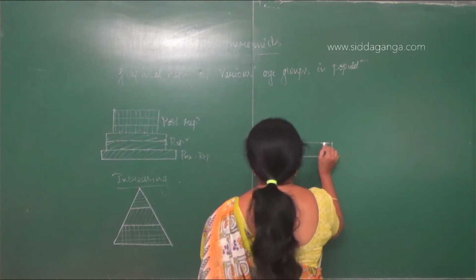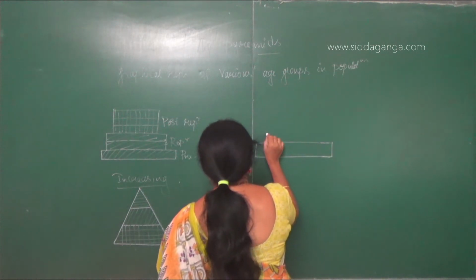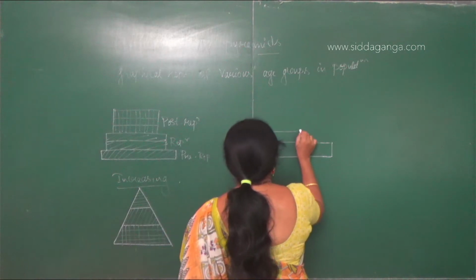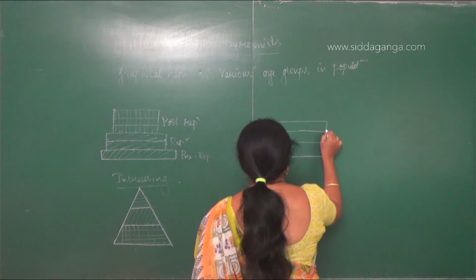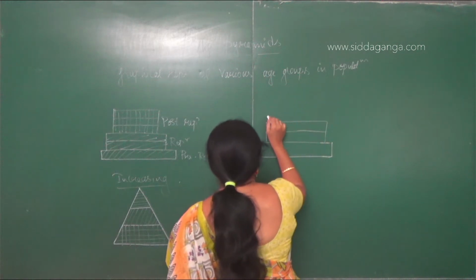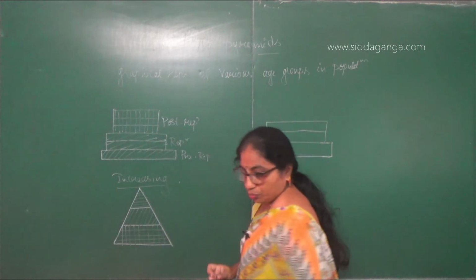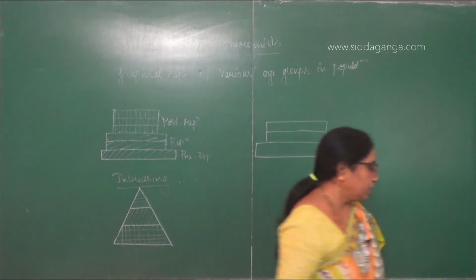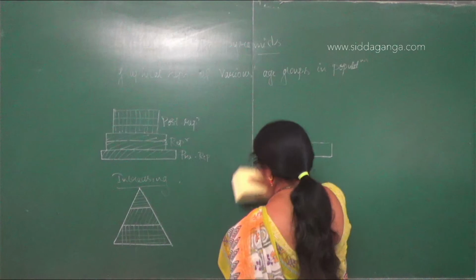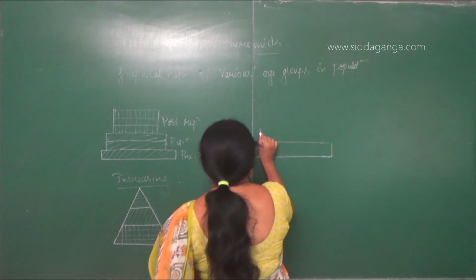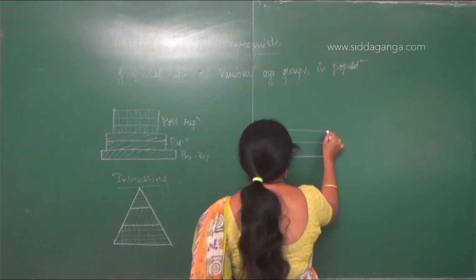The base of the age pyramid is formed by the pre-reproductive population, which is followed by the reproductive population, and the apex is formed by the post-reproductive population.